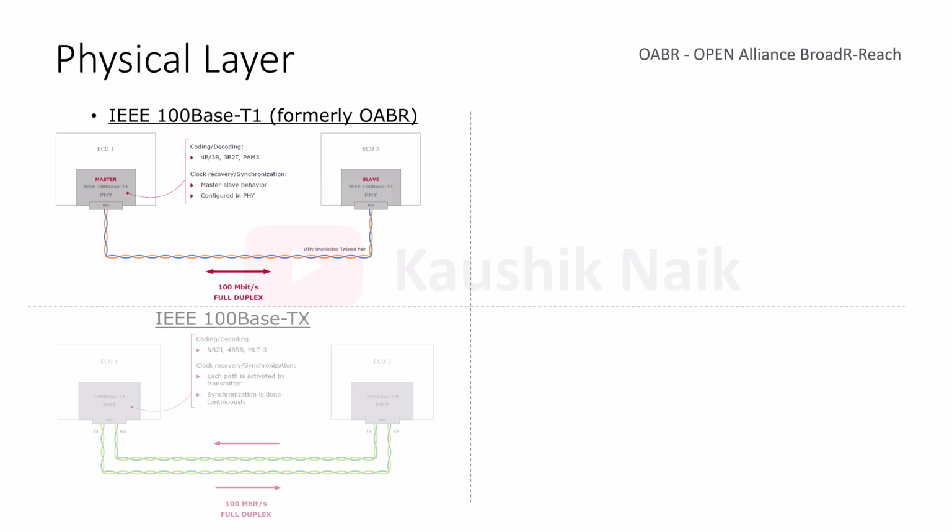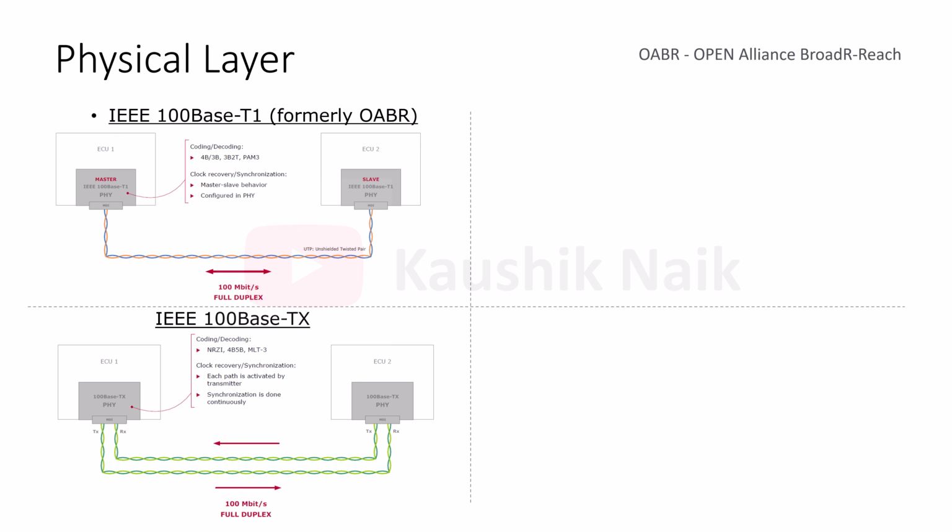Next one is 100BASE-TX, which means 100 Mbps with two twisted pairs of cable, as you can see in the diagram. So there will be a dedicated pair of cable for each of TX and RX.